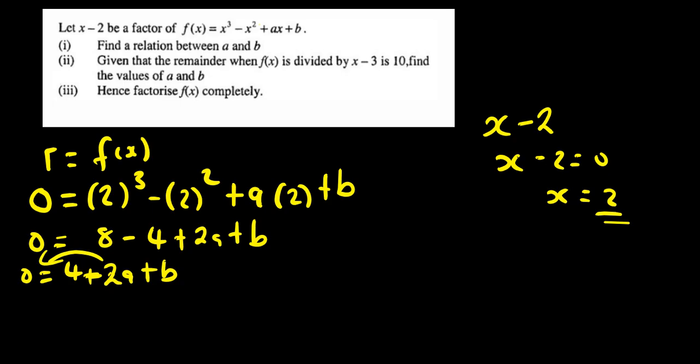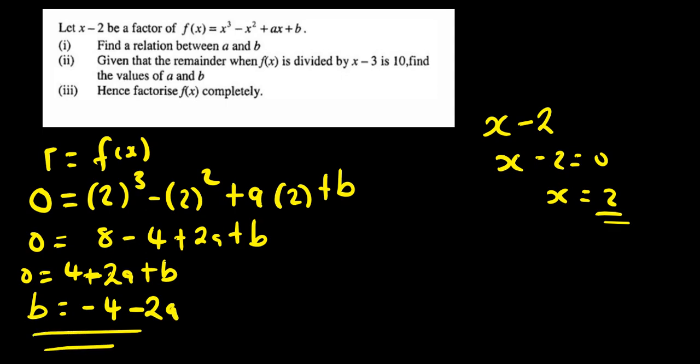So in this case, our b will be equal to negative 4 minus 2a. Okay, so this is the relationship.